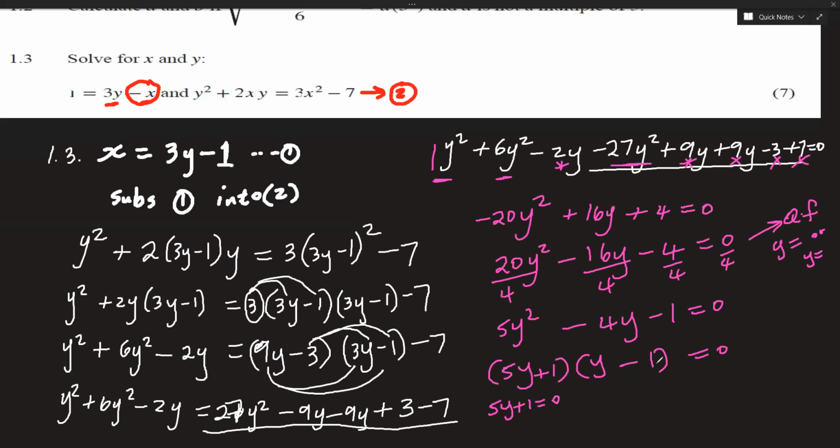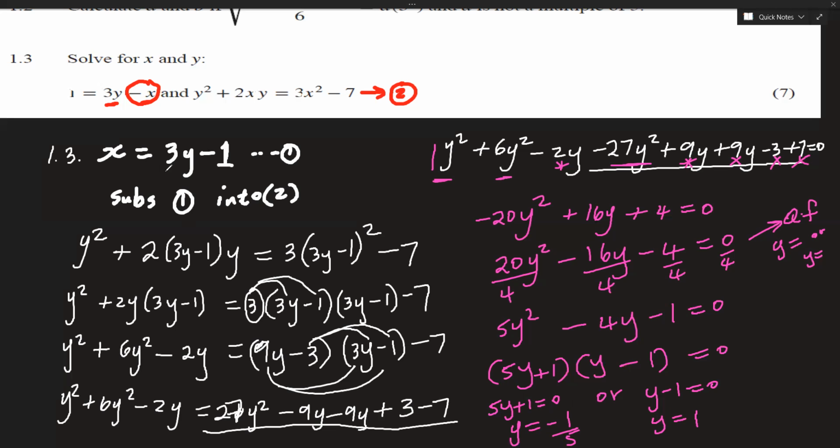I'm separating the brackets to equate them to 0 now. Or y minus 1 equals to 0. And then by the look of things here, I'm going to have y equals negative 1 over 5. Right? And then my other y value will be y equals to positive 1. Right? So I have my two y values.